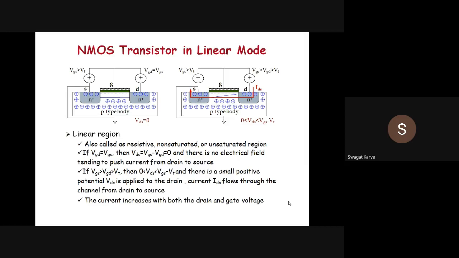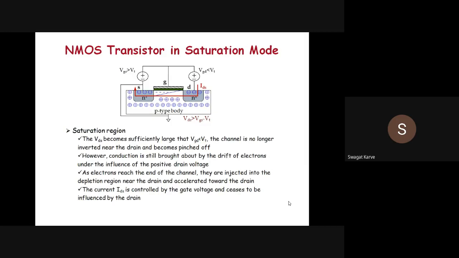Now next, the third region of operation is the saturation mode. We have studied the cutoff mode. In cutoff mode, everything is reverse biased. Body to drain and body to source are reverse biased. There is no channel formation, so there is no current. This is the cutoff.